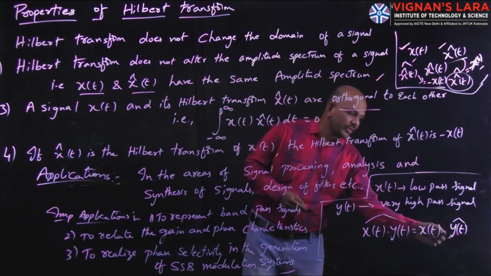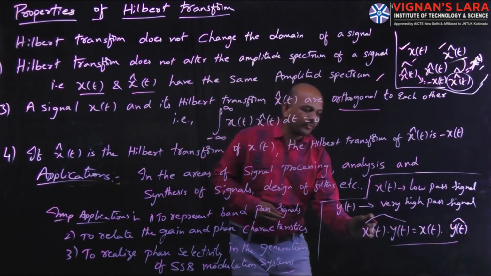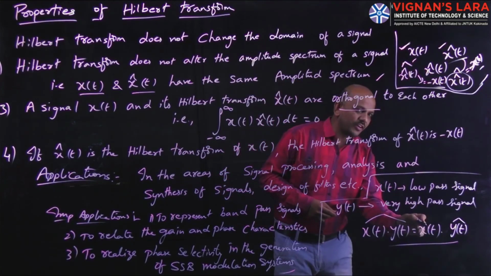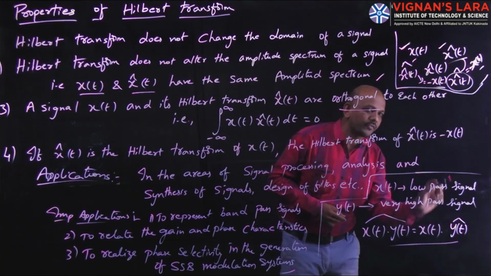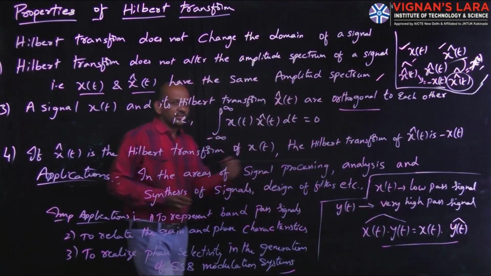In equation format, the Hilbert transform of x of t into y of t is equal to x of t into y cap of t, where y cap of t is the Hilbert transform of y of t. So this is the representation.